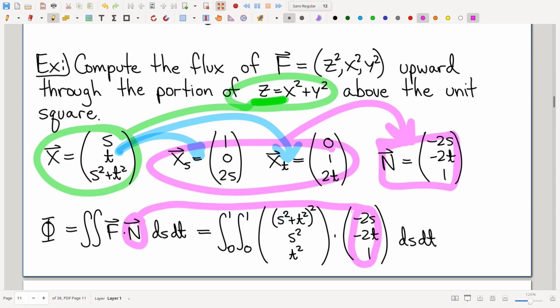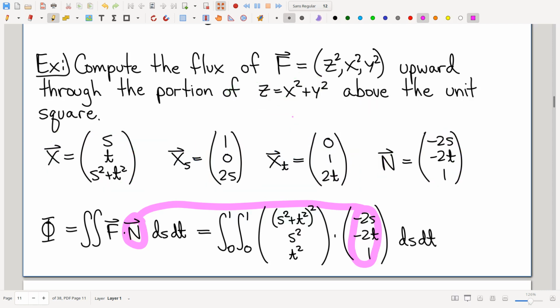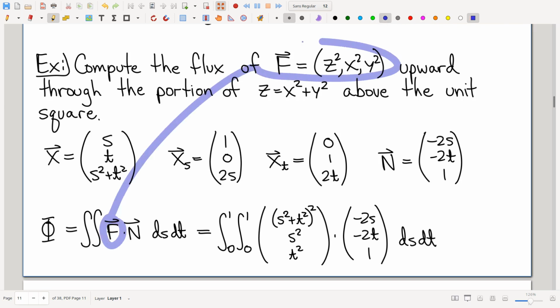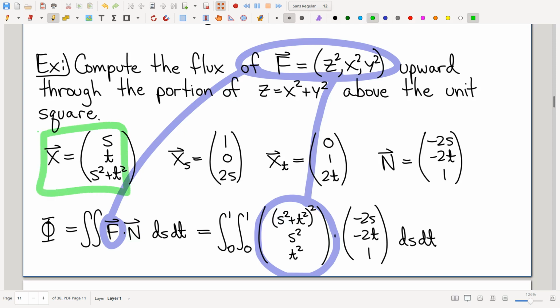Now, there are some other details we have to worry about. Our vector field in particular, F, is that. Now, of course, I realize that doesn't look like I copied that down right. What happened to the z's, x's, and y's? Well, don't forget, the parameterization tells you how to rewrite your x, y, and z in terms of s and t, or whatever your parameters are.